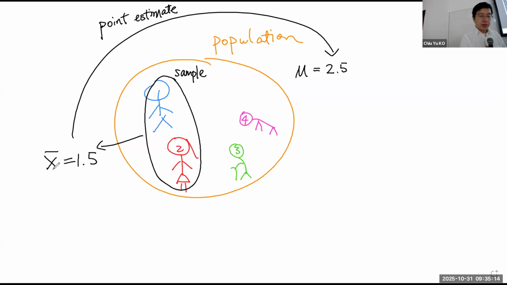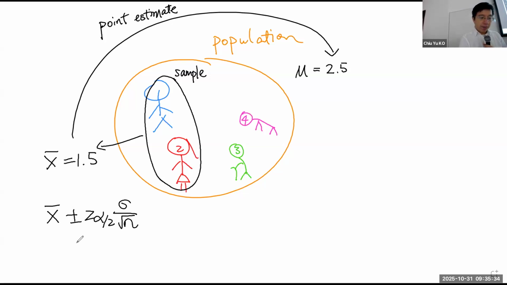And we know that if you have a large sample or the population follows a normal distribution, we can use the interval estimate, right? So this is an interval estimator.